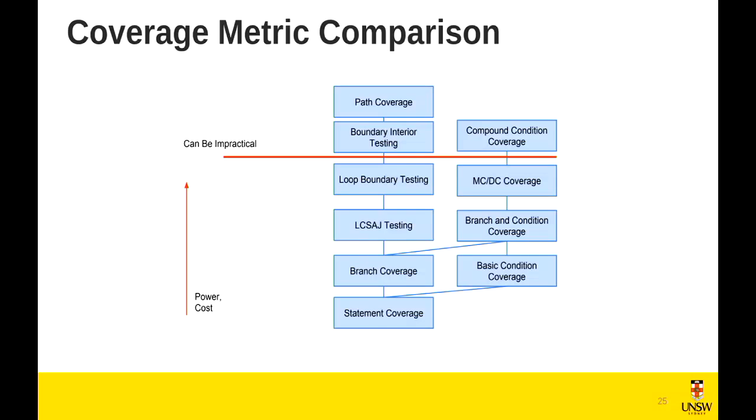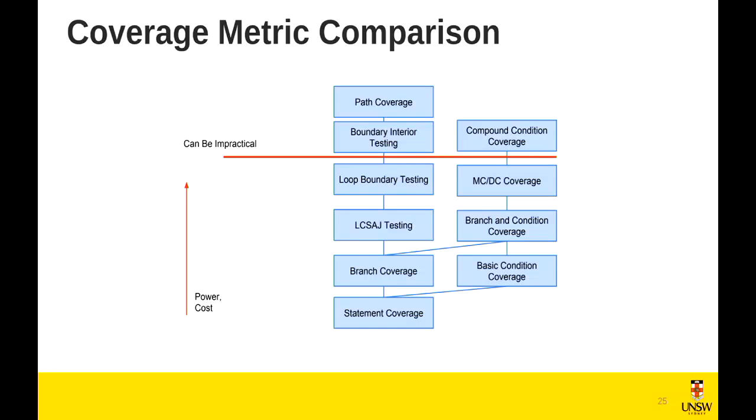And for ILC, it is normally simpler than loop boundaries because we don't need to care about how many times we execute the loop for ILC if we can limit the number n. So ILC could be less costly, and it could also be equal to statement coverage if we set n to 1.